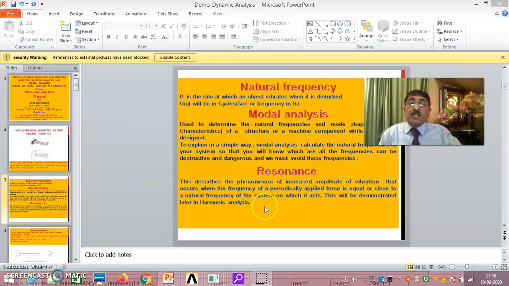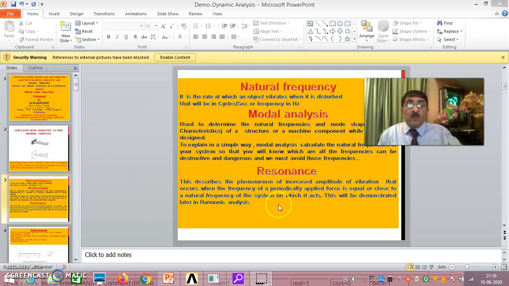This will be demonstrated later in harmonic analysis. You should understand, if the forced frequency matches the natural frequency of the system, then resonance picks up, and you should avoid this point.